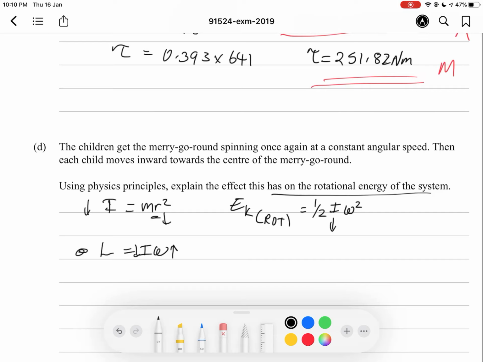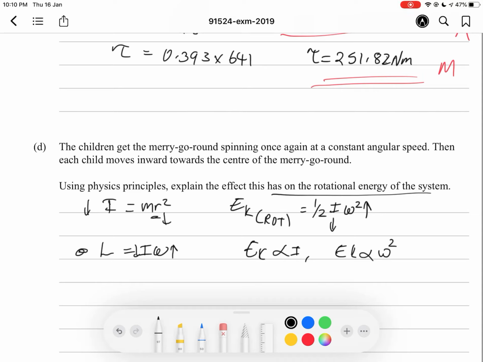The I value has decreased while the angular speed has increased. This can be a pretty tricky one to work with. However, EK is proportional to I, but EK is proportional to angular speed squared. As seen here, EK is only proportional to I.